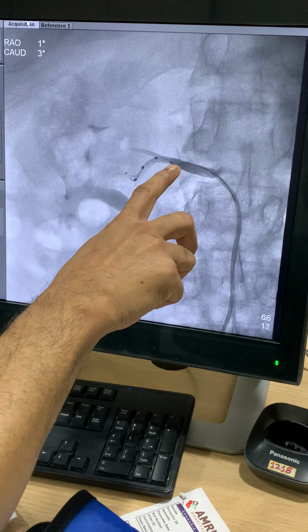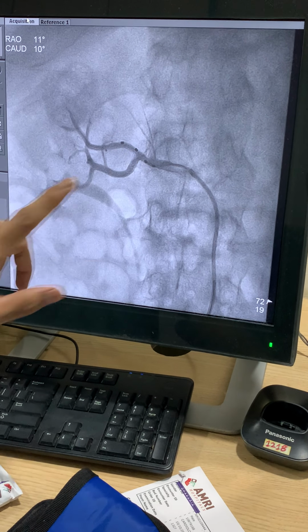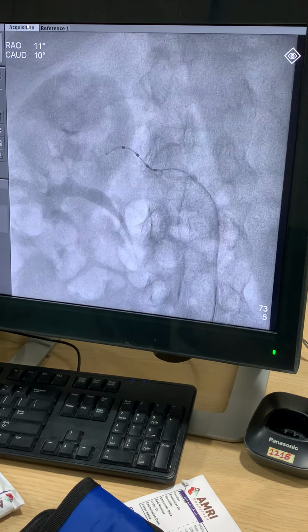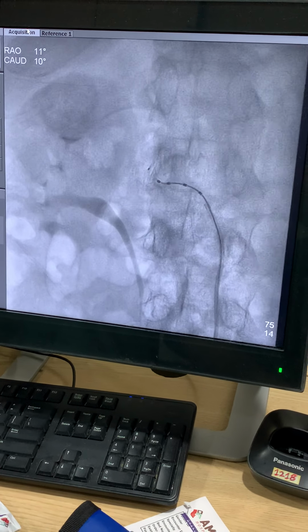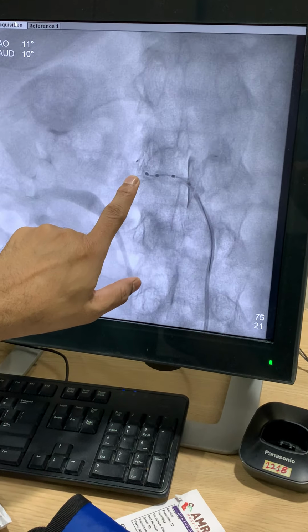Then we have moved into the upper branch, and in the upper branch again, so this is the renal parenchyma, so only 2 was activated. So once this is done, then we move back, and in this case 1, 2, 3, 4 all are activated, so this ostia is ablated.